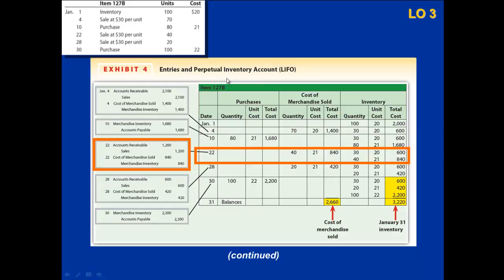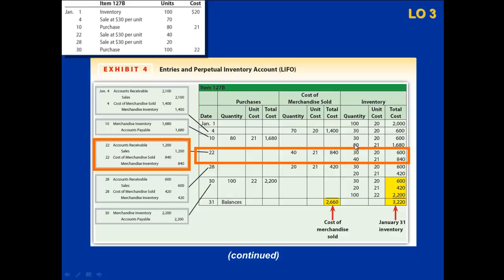Next thing that takes place is we're going to make a sale of 40 units at $21 apiece. Now, how do we know that these are the $21 ones? Well, we're assuming the last in is the first out, right? So we sold 40. And these are the newer items here. The 30, these are the older items, and these are the newer ones.